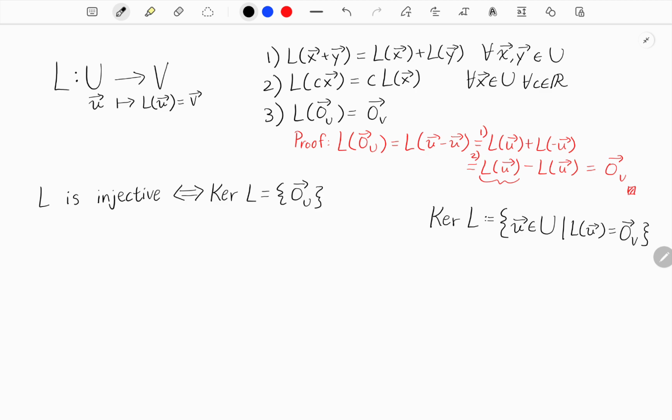So all the u's in the domain, all the input u's that give you an output of 0v.